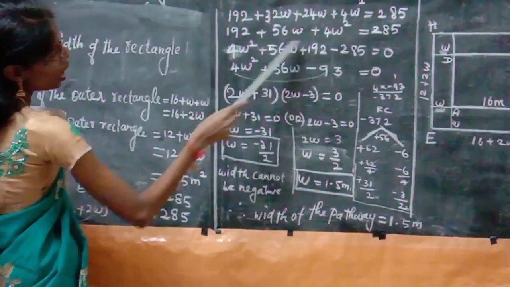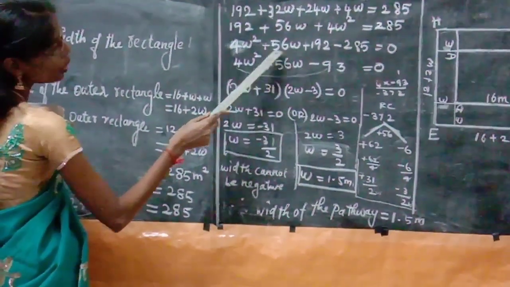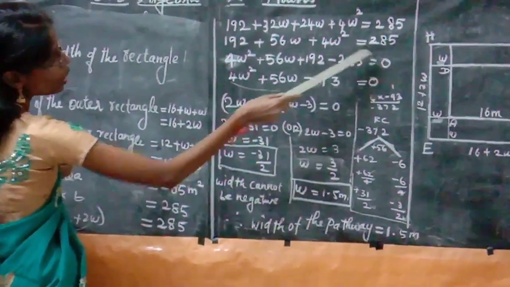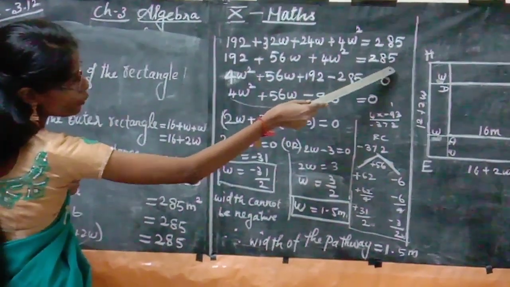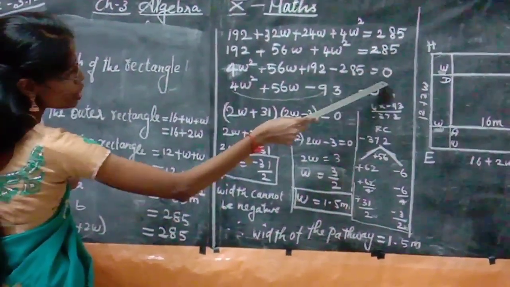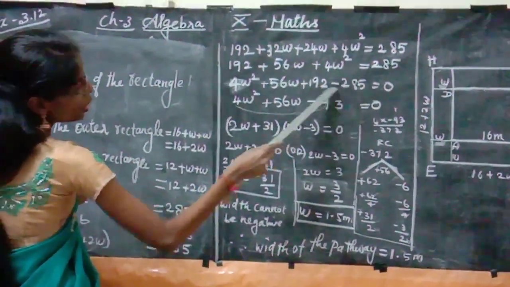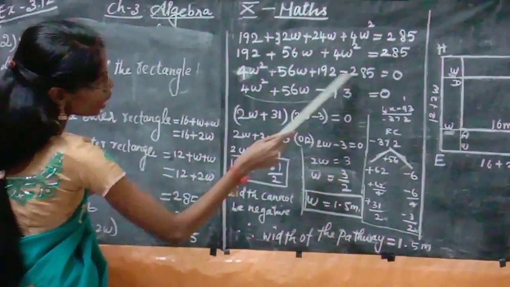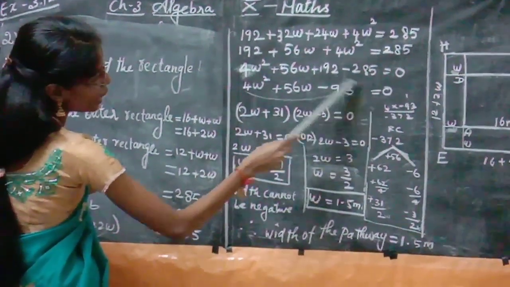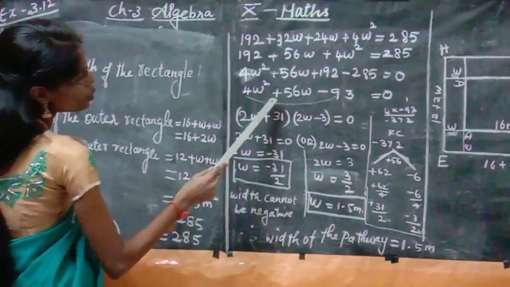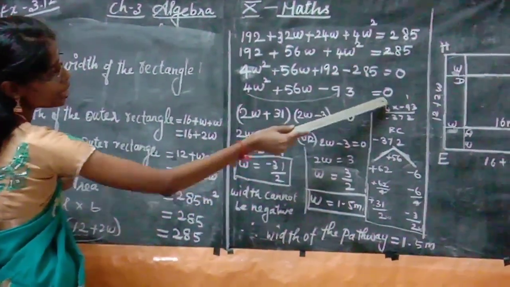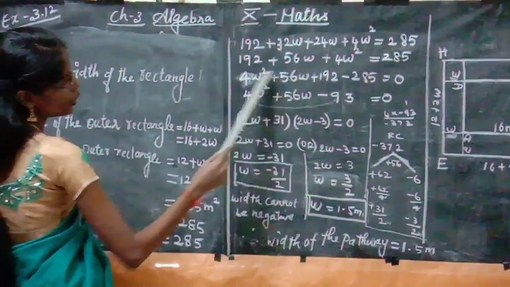Here 4W square plus 56W plus 192. Move 285 to the left hand side, minus 285 is equal to 0. If you add minus 285 plus 192, the value is minus 93. 4W square plus 56W minus 93 is equal to 0. Now it is in standard quadratic form.